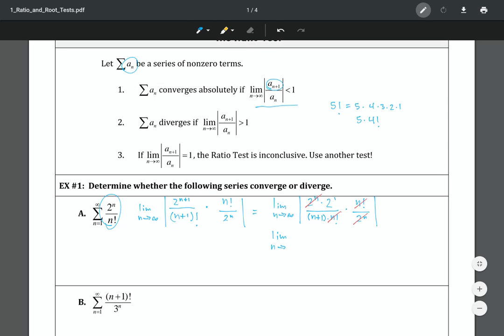And n plus 1, since n is our positive value starting with 1, I can just get rid of the absolute value signs because this will never be negative anyway. All right, now I can take the limit. The limit, as you can tell, is 0. And because 0 is less than 1, the series is going to converge by the ratio test.